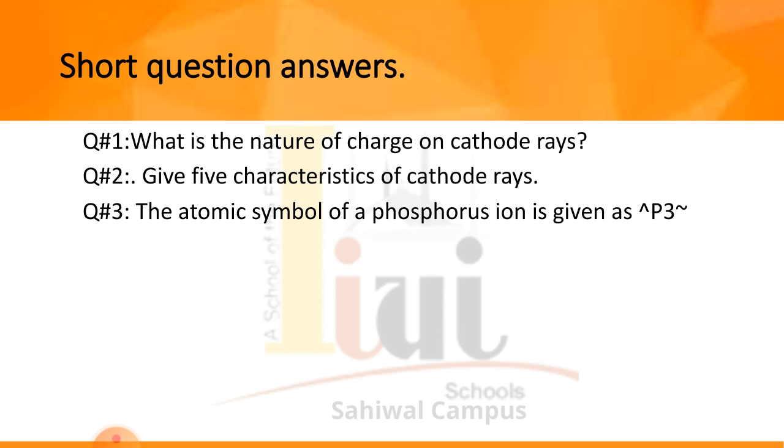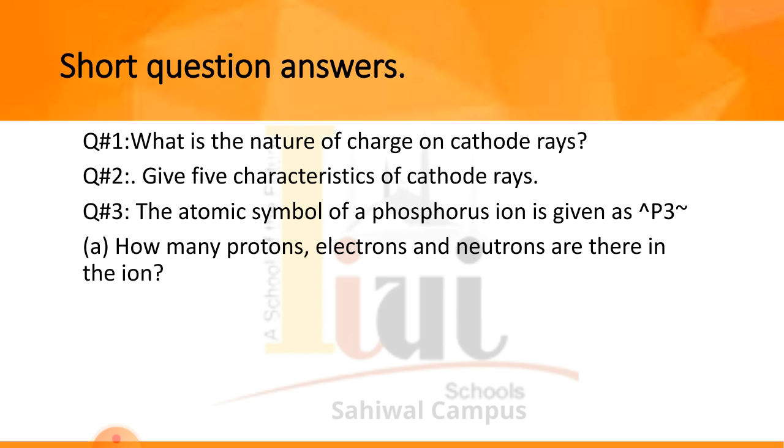The atomic symbol of a phosphorus ion is given as P3-. How many protons, electrons, and neutrons are there in the ion? The atomic symbol of the phosphorus ion is P3-, having 31 as its atomic mass and 15 as its atomic number.